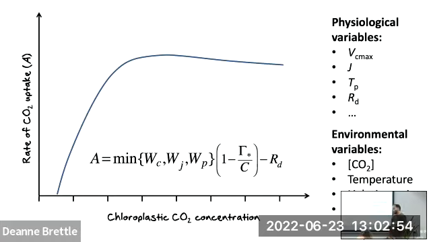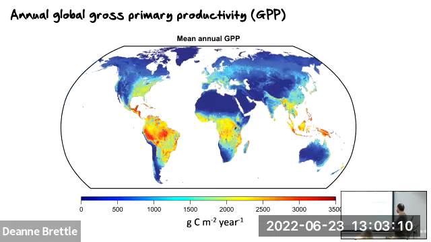If we then know how these variables change with the environmental variables, such as temperature, light intensity, CO2 concentration, and so on, we can then start to predict photosynthesis or estimate rates of photosynthesis across space and across time, and then eventually come up with maps like this that predict gross primary productivity even across the globe.